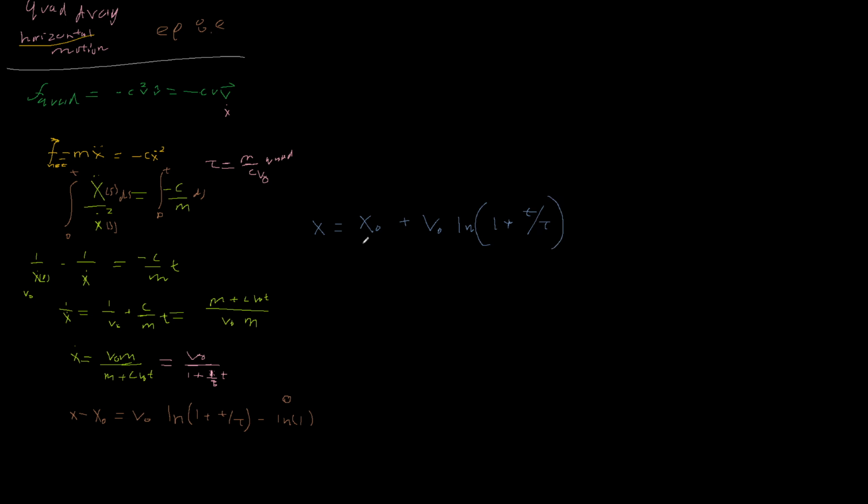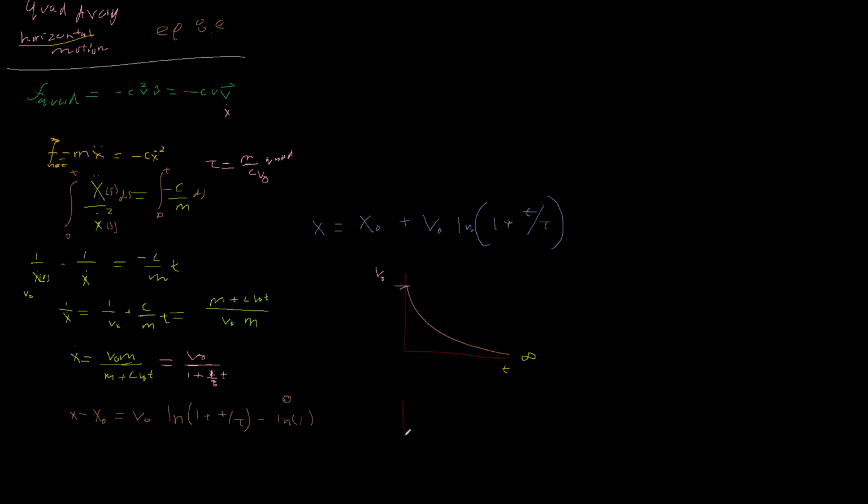And that's our logarithmic term. Let's look at these graphs. Let me plot these graphs quickly. This is going to be our v naught. And this time, as t approaches infinity, v approaches 0, as we'd expect. This axis is going to be time.